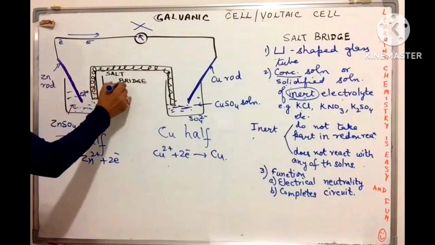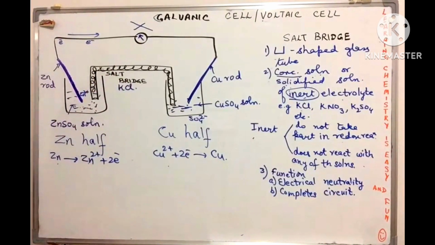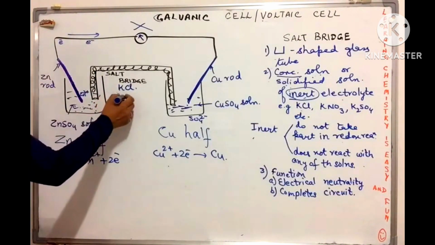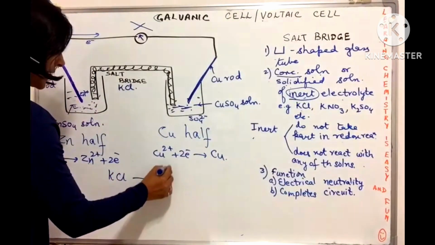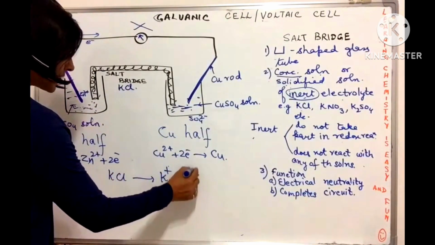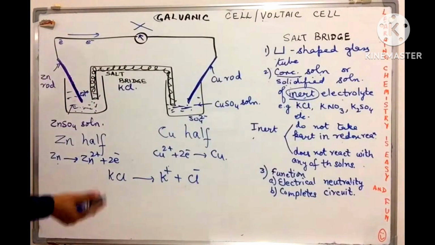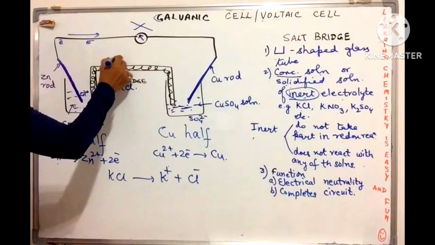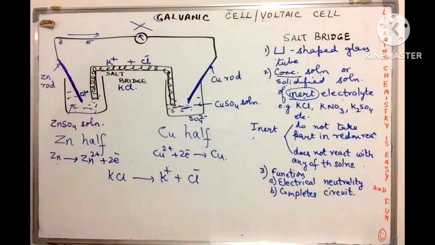Let's suppose I am using a salt bridge made up of a solution of potassium chloride. What will the potassium chloride do? We know that potassium chloride is an ionic compound. It is made up of potassium ions and chloride ions. Now what role is played by the potassium and the chloride ions?